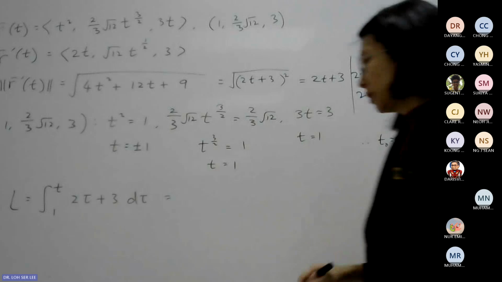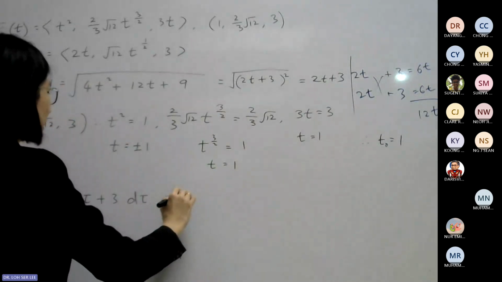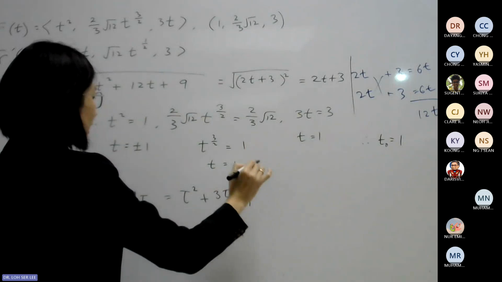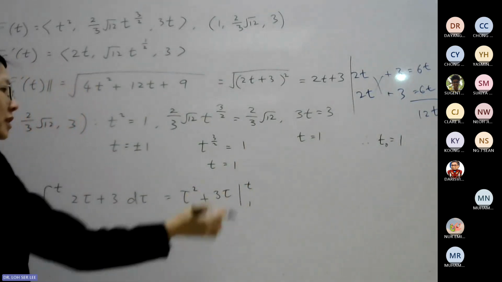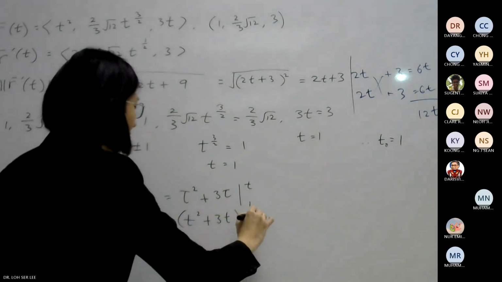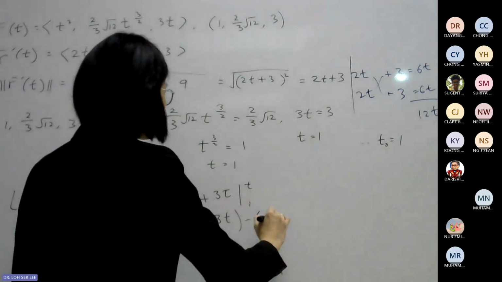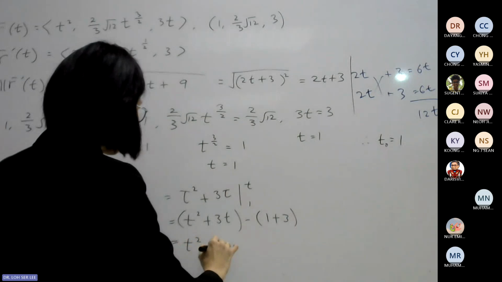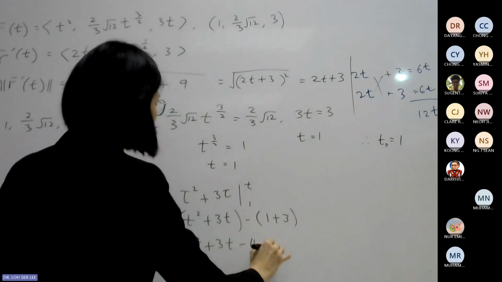Okay. And when you do the integration, you get tau squared plus 3 tau from 1 to t. Okay. When you substitute the t into the tau, you get t squared plus 3t minus 1 plus 3. Okay, so that's t squared plus 3t minus 4.